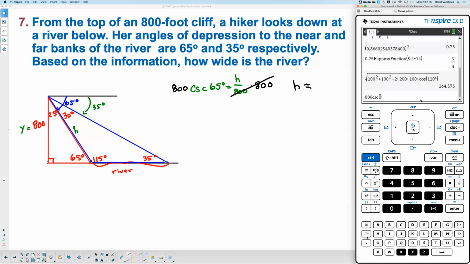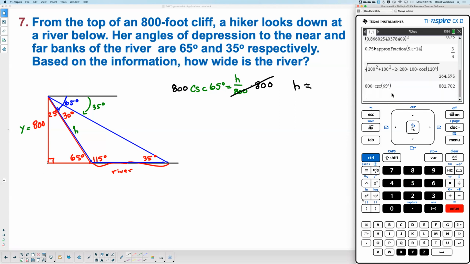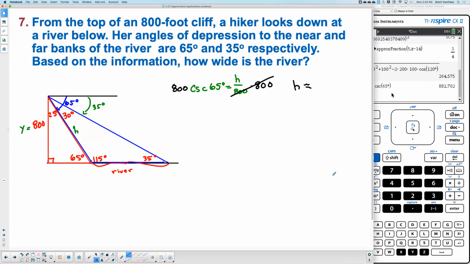Cosecant of 65 degrees. I'm getting 882.702.